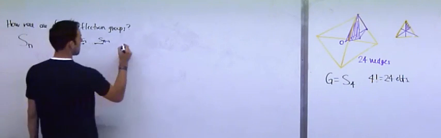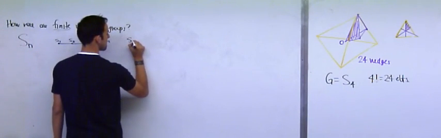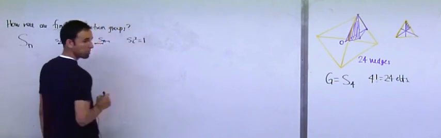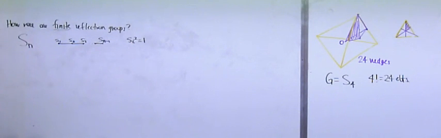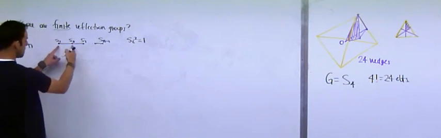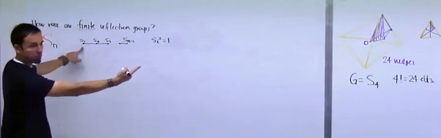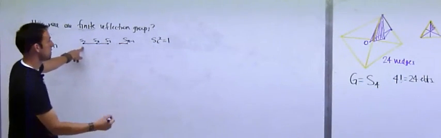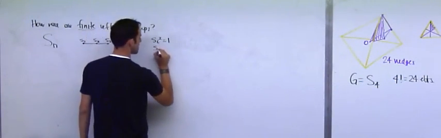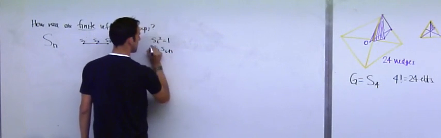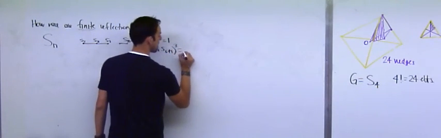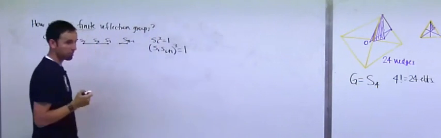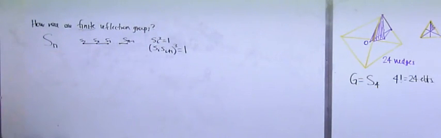And the relations are Si squared is equal to 1. Then any two consecutive guys have that same relation, of course. Maybe it's not of course, but you can think about it for a little bit, and you'll see that Si Si plus 1 cubed is equal to 1, just because it is over there.